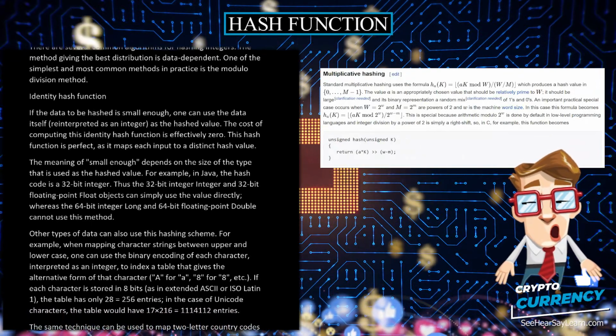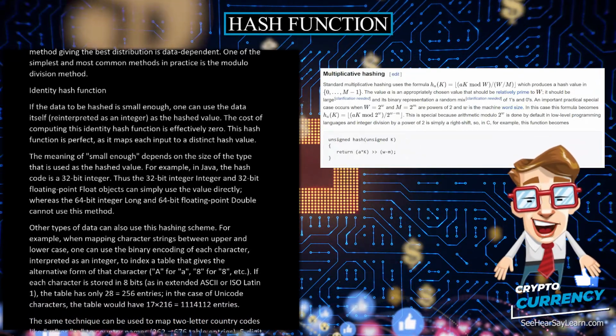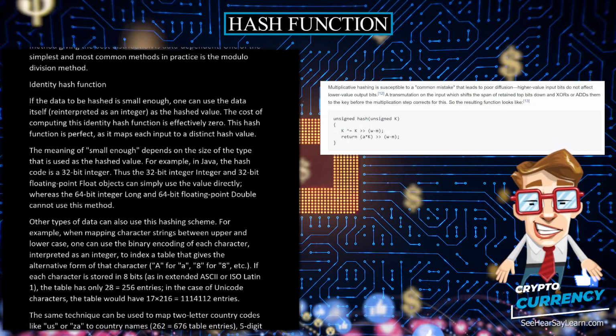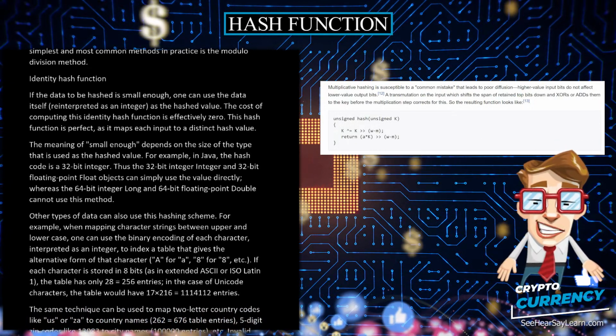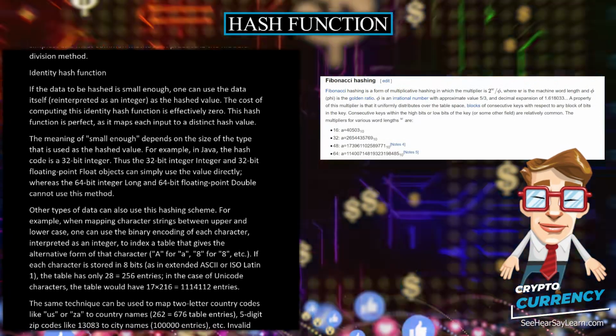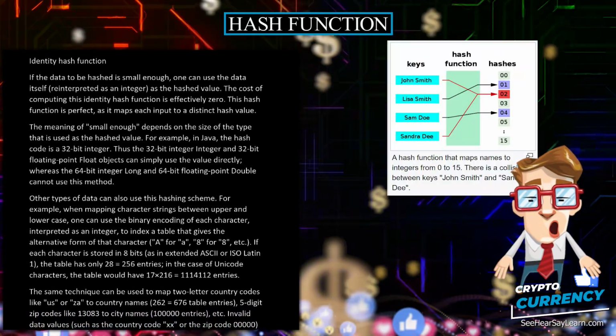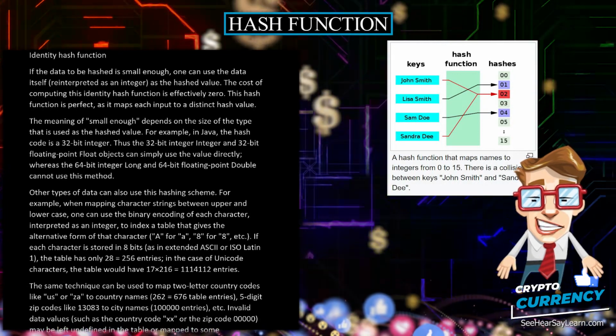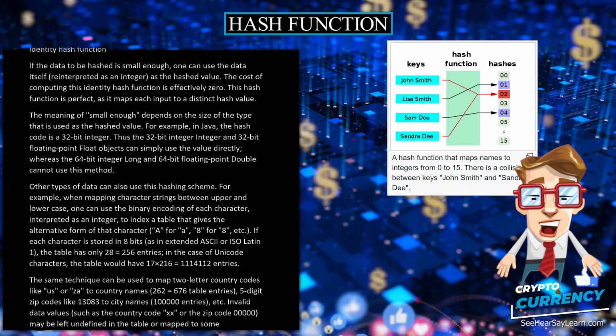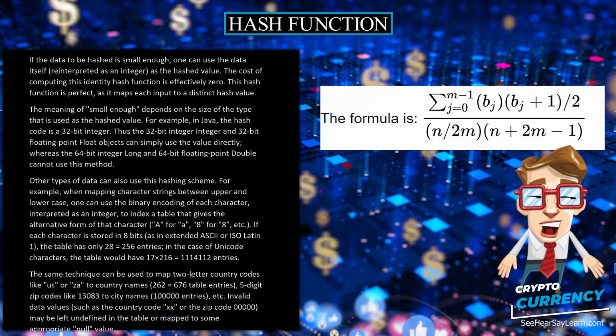Folding. A folding hash code is produced by dividing the input into n sections of m bits, where 2 to the power of m is the table size, and using a parity-preserving bitwise operation like add or XOR, to combine the sections. The final operation is a mask or shift to trim off any excess bits at the high or low end.